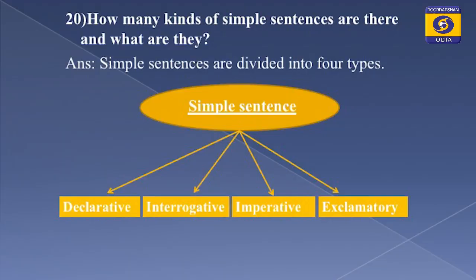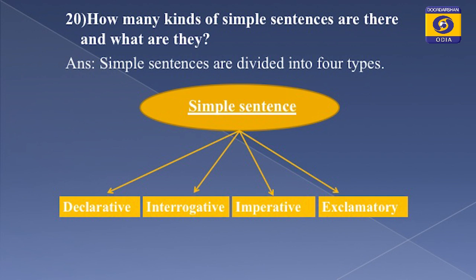And simple sentences are of four types. What are the four types of simple sentences? Let us discuss. The first is declarative, the second is interrogative, the third is imperative, and the fourth is exclamatory.